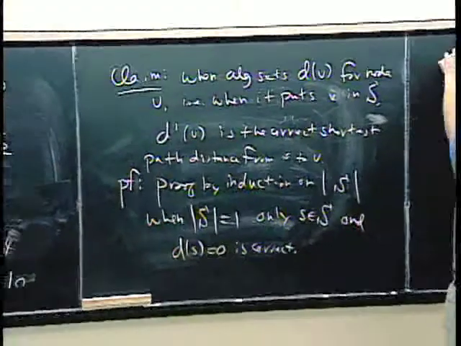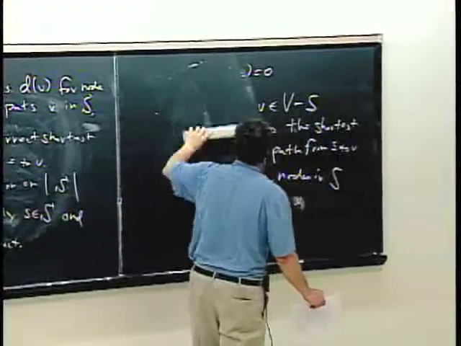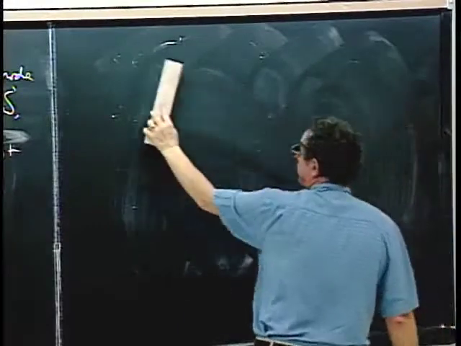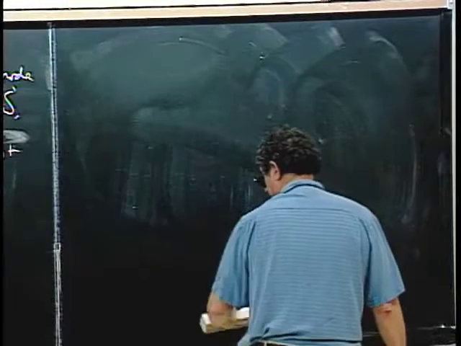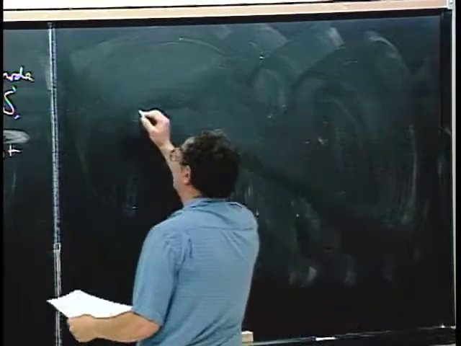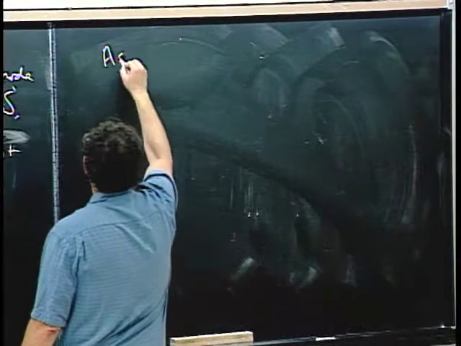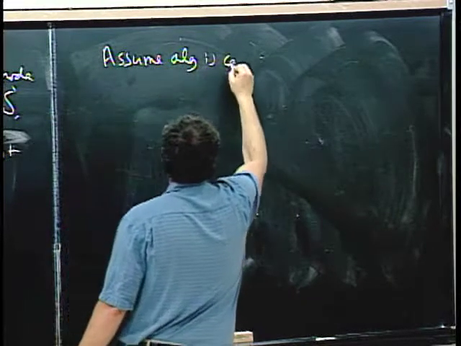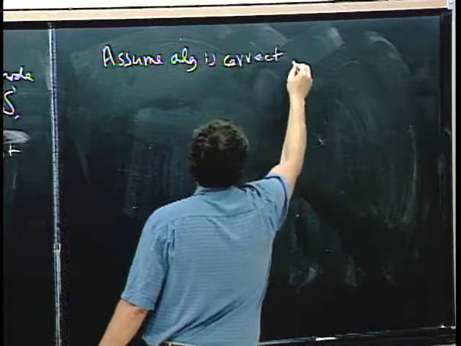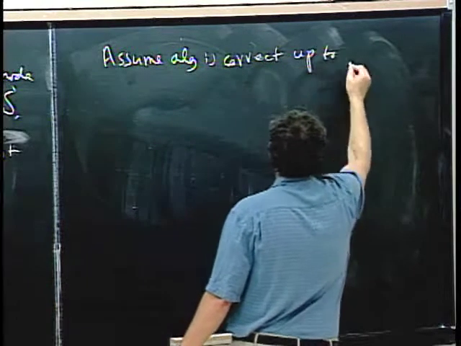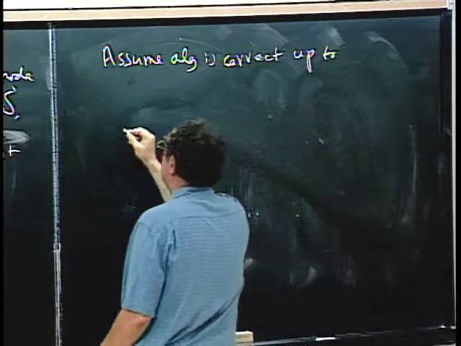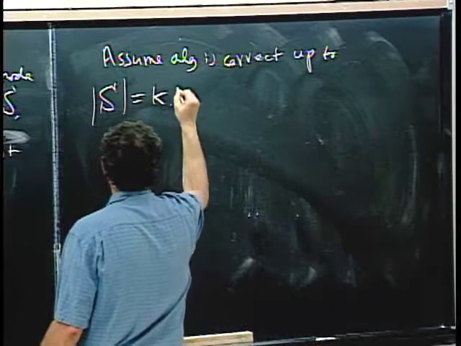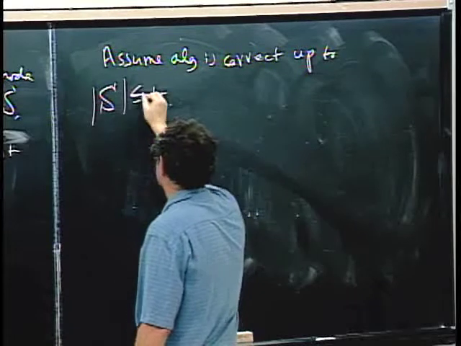Okay? So now we'll assume that it's done the correct thing when capital S is of size k. All right? So assume the algorithm is correct up to the size of S equal k, or less than or equal to k.